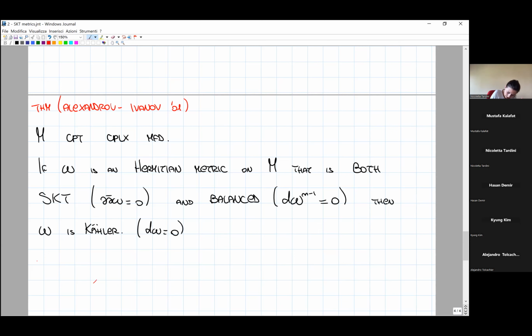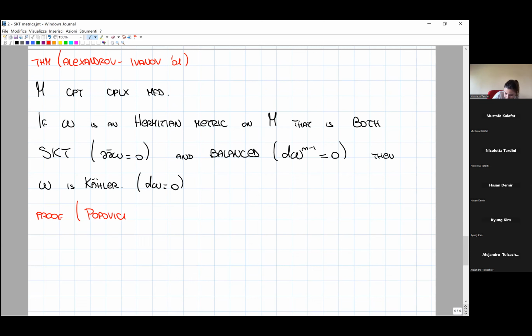Let me give you a sketch of the proof. The proof I'm going to show you is not the original proof of Alexandrov and Ivanov, but a proof due to Popovici that you can find in his book, which I put in the references on the website. So assume we have an SKT metric and balanced metric, the same metric is both SKT and balanced.